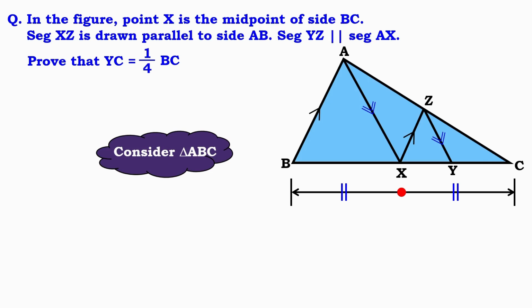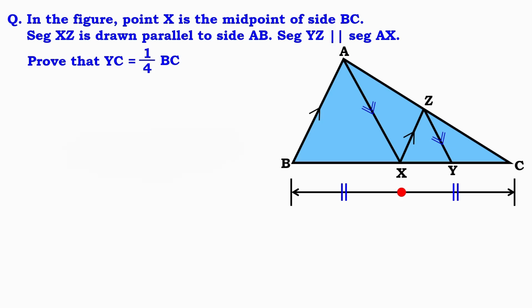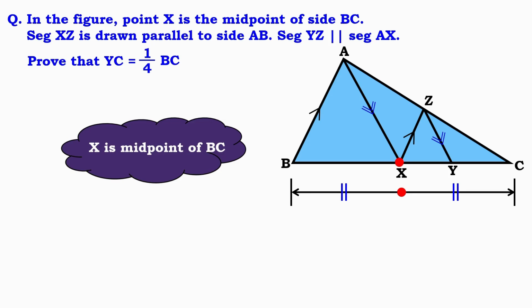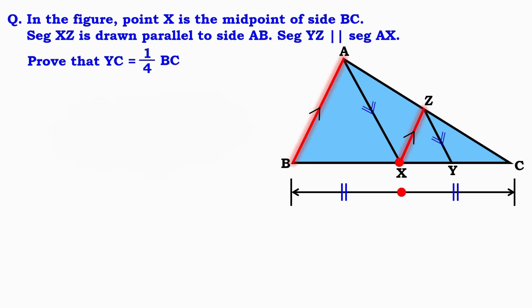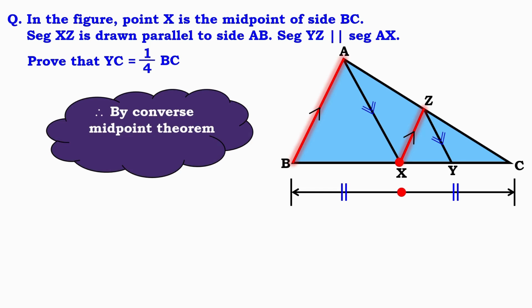Okay, now how are we going to prove it? So let's consider the triangle ABC. X is the midpoint of BC and XZ is parallel to AB. Correct? So by using the converse midpoint theorem, we can say that Z is the midpoint of AC.